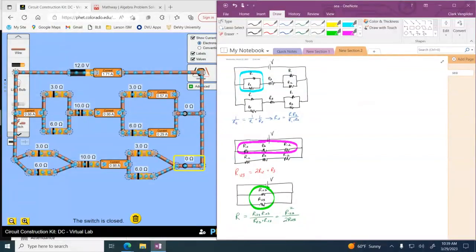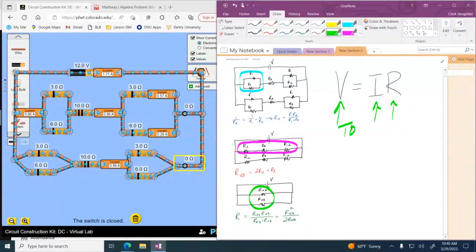So now that I have a total resistance, when you write Ohm's law, the assumption is that these are all the total amounts. That's the fundamental assumption that you would make.